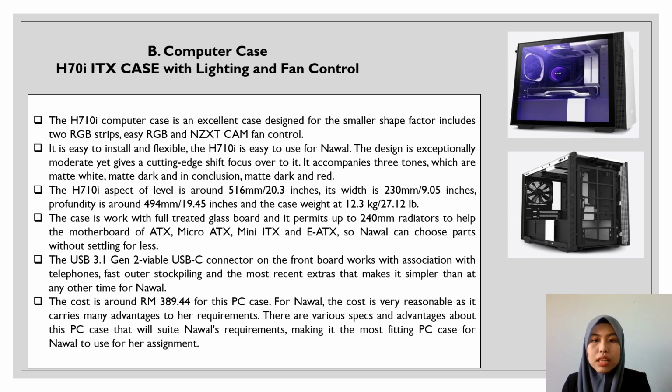Its width is 230 mm. Depth is around 494 mm, and the case weight is 12.3 kg. The case is built with a full tempered glass panel, and it allows up to a 240 mm radiator to support the motherboard of ATX, micro ATX, mini ITX, and EATX.